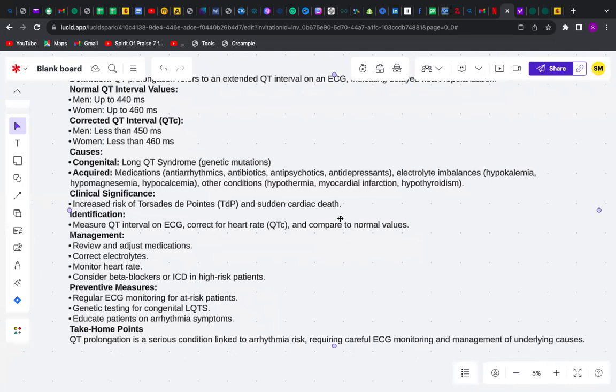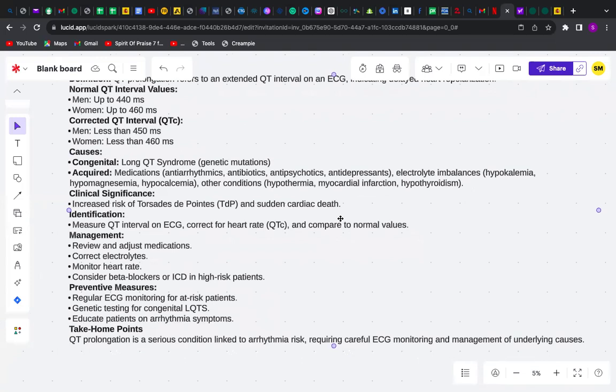Right. So the take-home point is that QT prolongation is a serious condition and it should not be taken lightly at all. Okay, so this was a very interesting and very tricky case that was brought in.